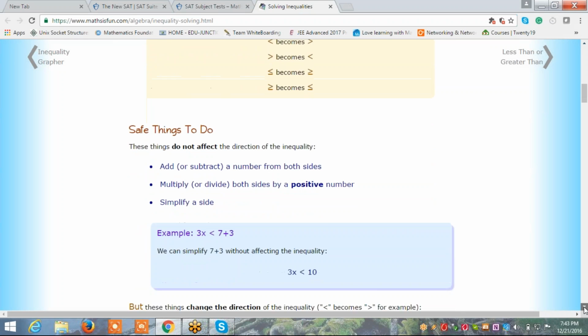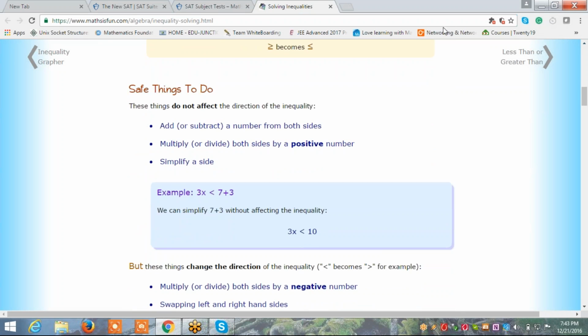So we have three different ways of solving these problems. First, we learn how to add a number to both sides. Then what happens if you multiply, that is, the product of a given number with a number, and then how to simplify a side.